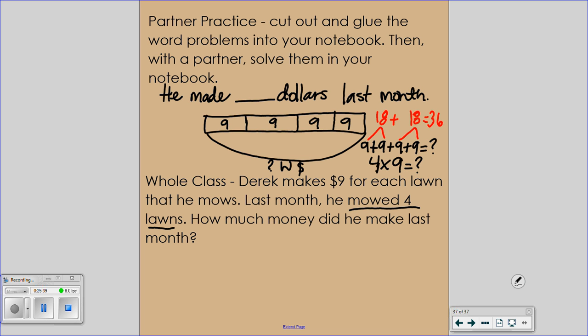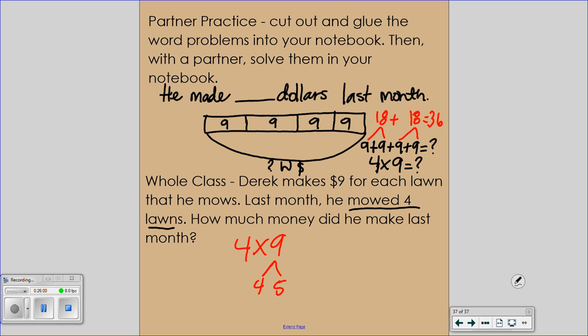Let's say I have 4 times 9. Could I break up my 9 into easier math factors? Yes. This is like Georgiana's favorite way. Georgiana, did you break up a 9? How did I know that was going to happen? What did you break it into? A 4 and a 5.